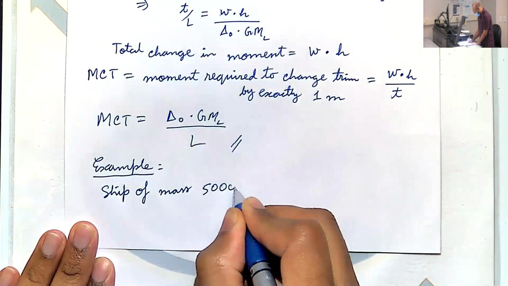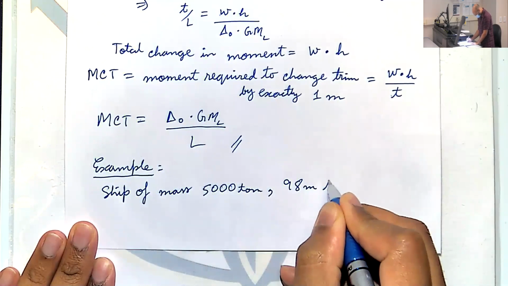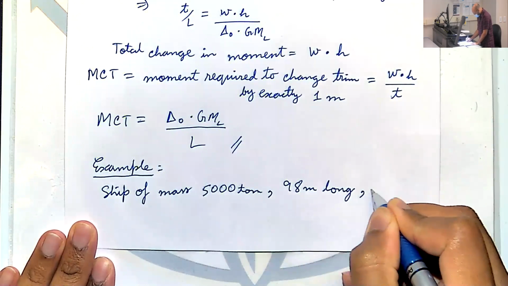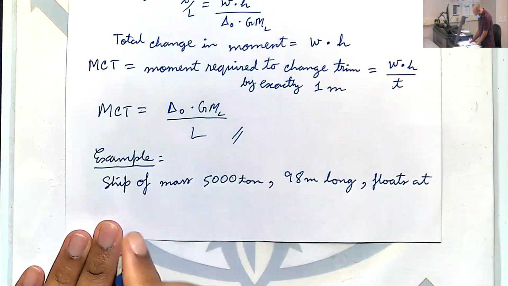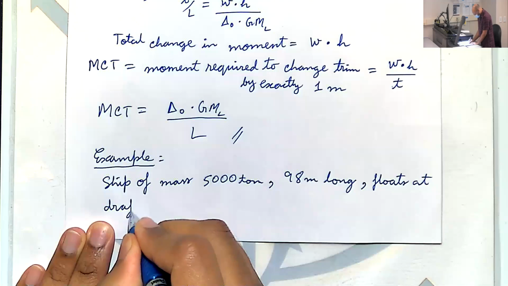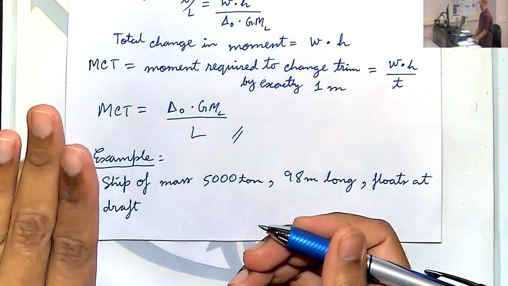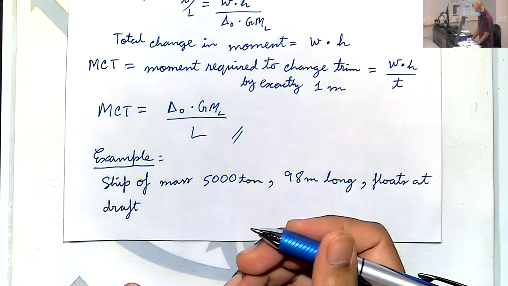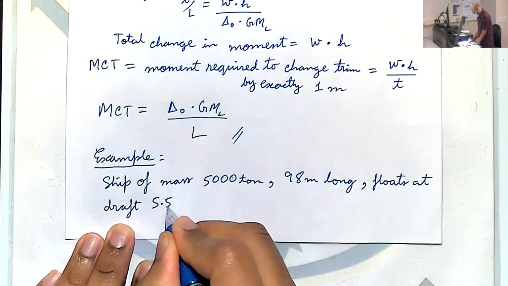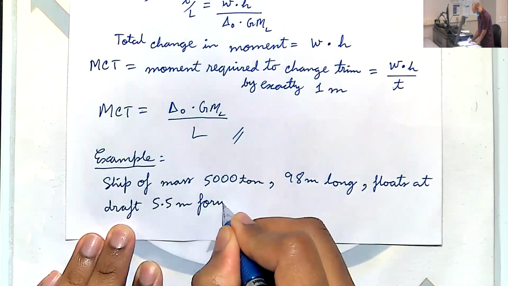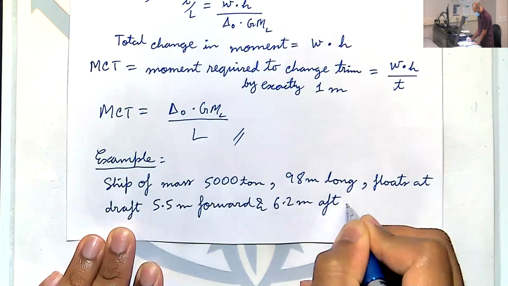Here we're given 5,000 tons, 98 meters long, and it floats at draft. Since we are talking about trim, the draft is not equal throughout the ship. The fore draft and the aft draft might be different values. So we are given 5.5 meters forward and 6.2 meters aft.